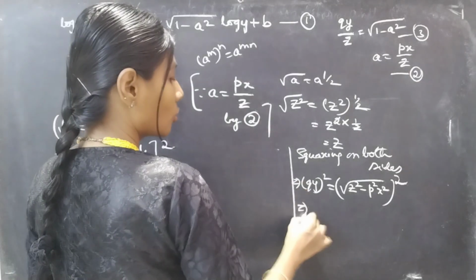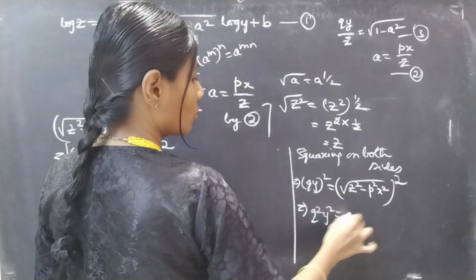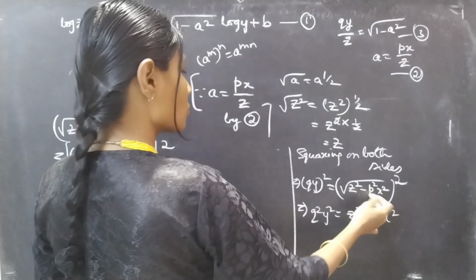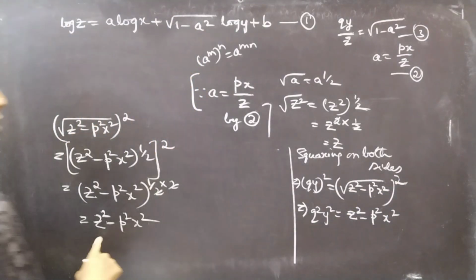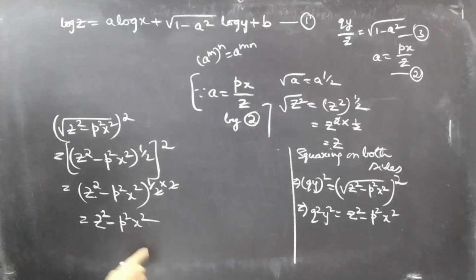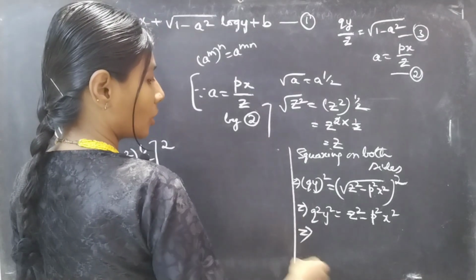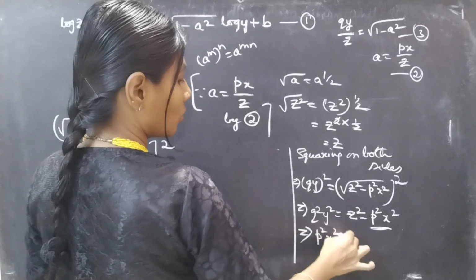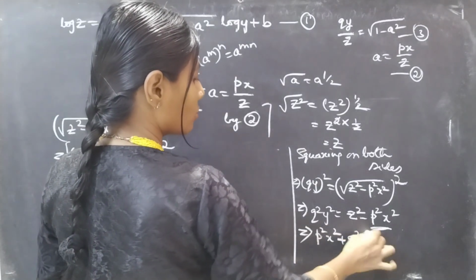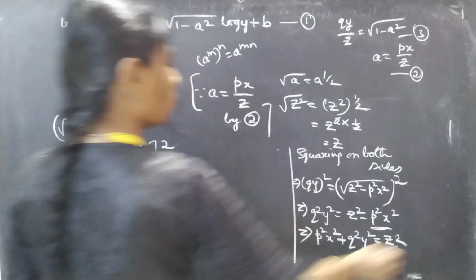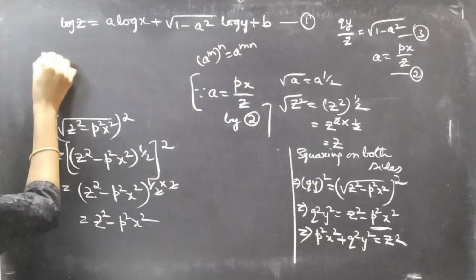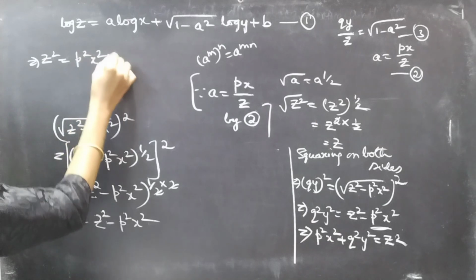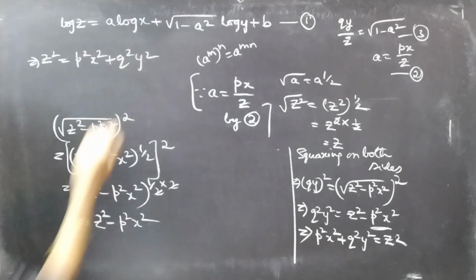So we can write this as q square y square equal to z square minus p square x square, since square root of z square minus p square x square whole square is z square minus p square x square, right? Now bring this term to LHS, you'll get p square x square plus q square y square equal to z square, or we can write this as z square equal to p square x square plus q square y square, right?